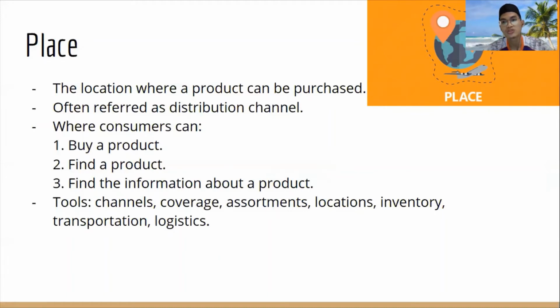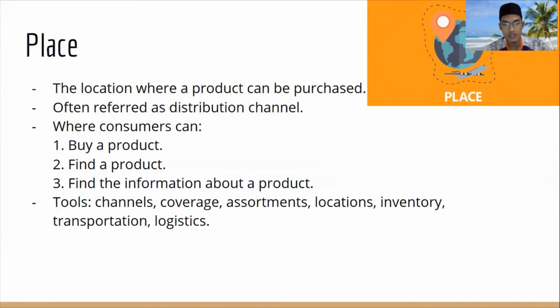So the tools that contribute to place in marketing strategies: the first one is channel, and next one is coverage. Coverage is the assessment of the marketplace to determine how much of the marketplace the business should cover with their advertisement for a particular product or service.